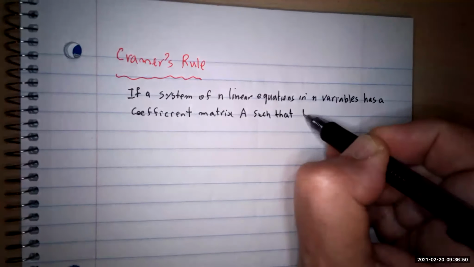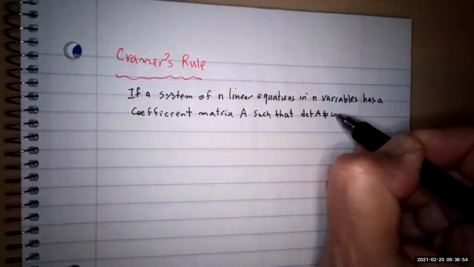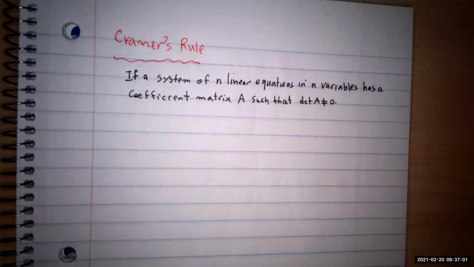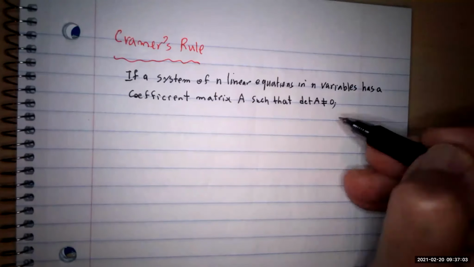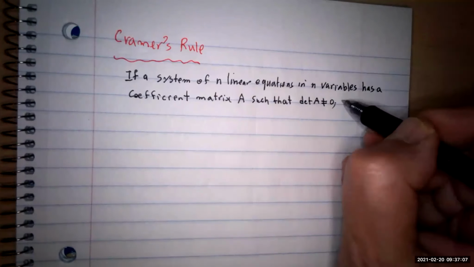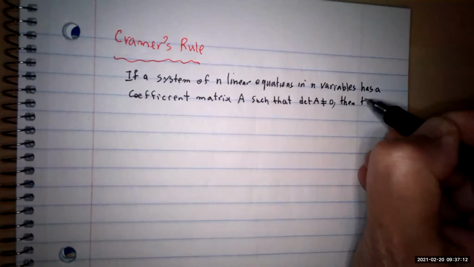the determinant of A is not equal to 0. I'm going to tell you later what will happen if it is 0. The one in your book is stated with determinant not 0, but we are going to argue that one for you. So if the determinant of A is not 0, then what is the solution?